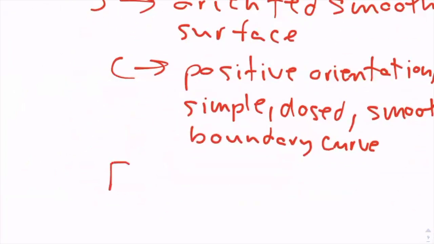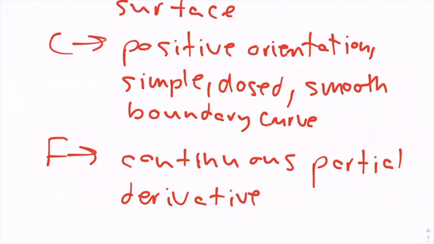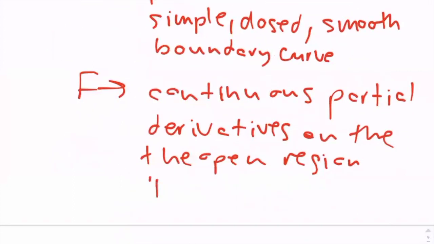And F is our vector field whose components have continuous partial derivatives on the open region in R cubed that contains S, right?